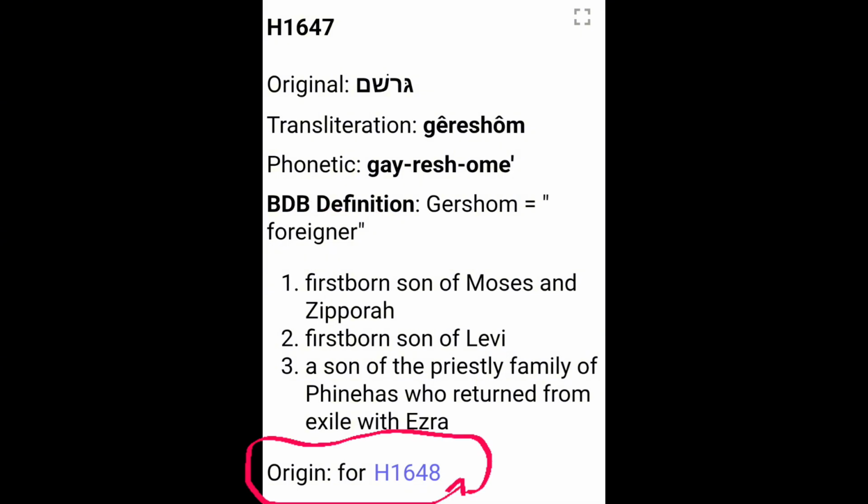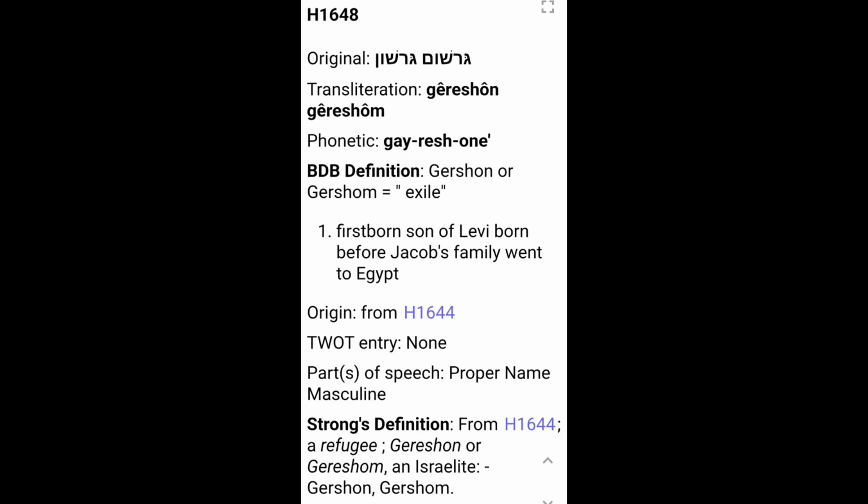The origin is H1648. And this word can be spelled two ways: Gimel, Resh, Shin, Vav, Mem, or with a final Noon, as Gershom or Gershon.